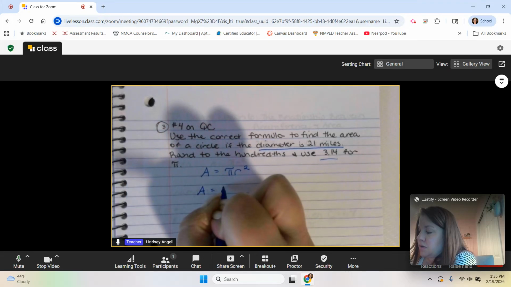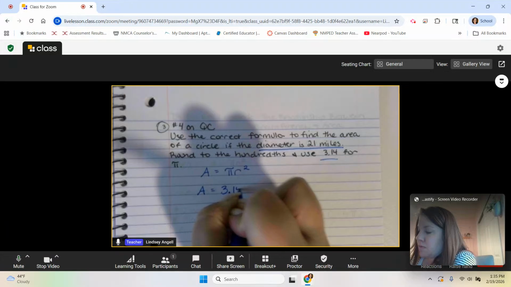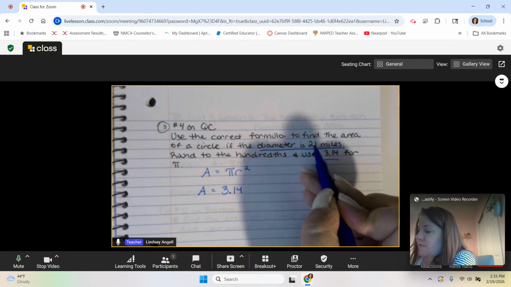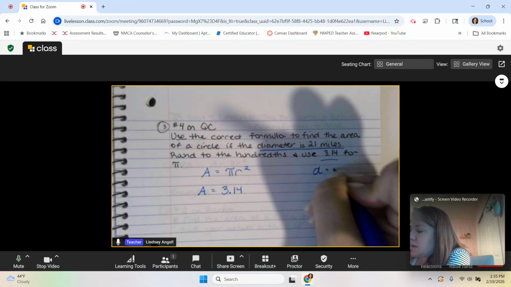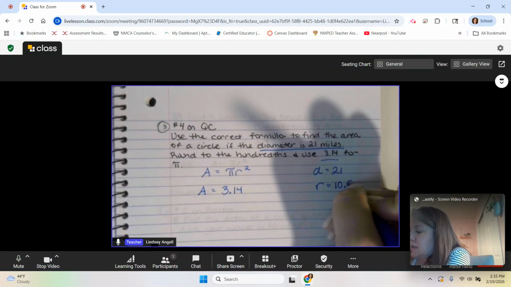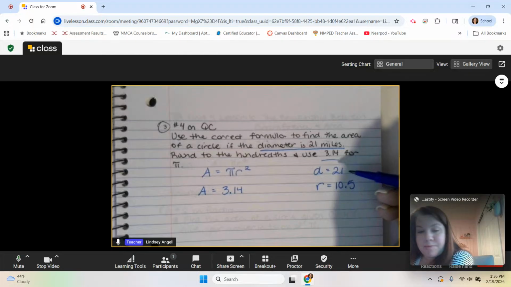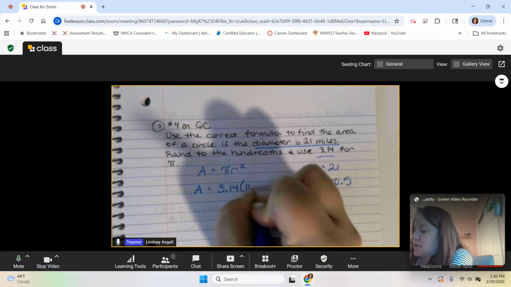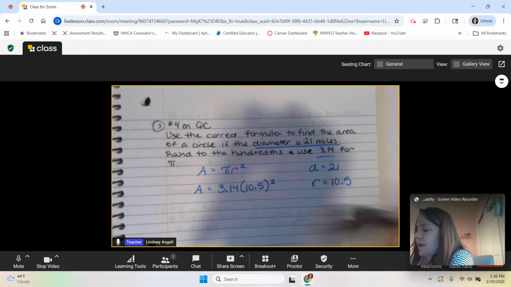Area is equal to, and then pi, we're using 3.14. Well, if my diameter is 21, that means that my radius is 10.5, because that's half of 21. So I'm going to do 10.5 squared.